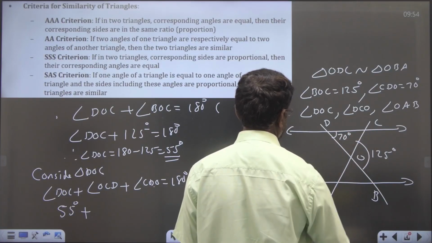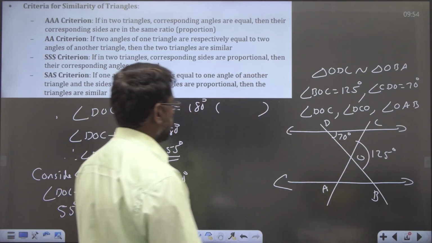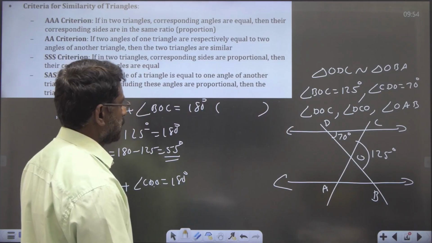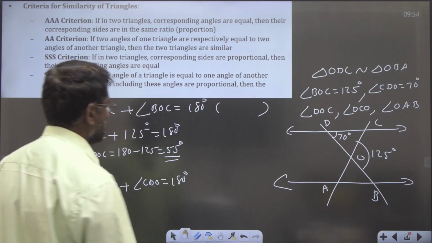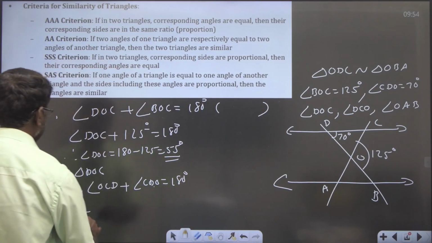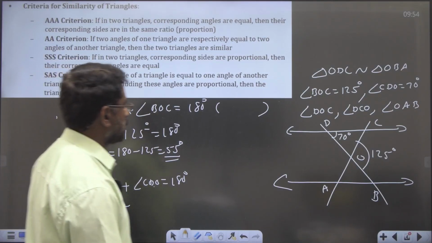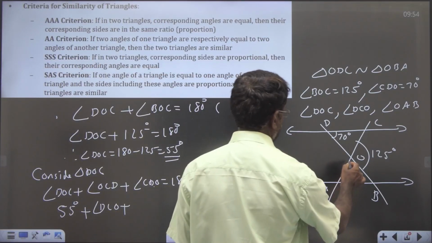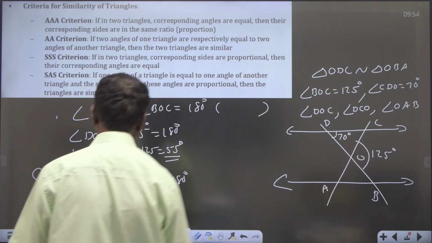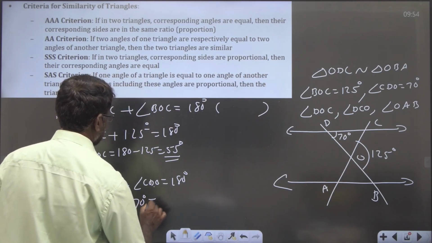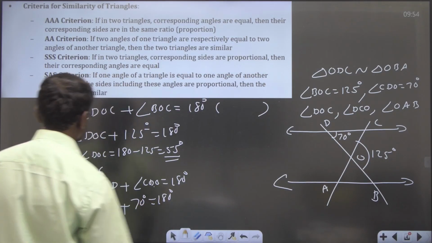We have to find out DCO. OCD or DCO, that is DCO, plus angle CDO. Angle CDO is 70. That is 180 degree.